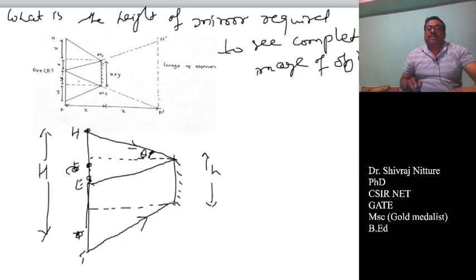Both the reflected rays should reach the eye, I.